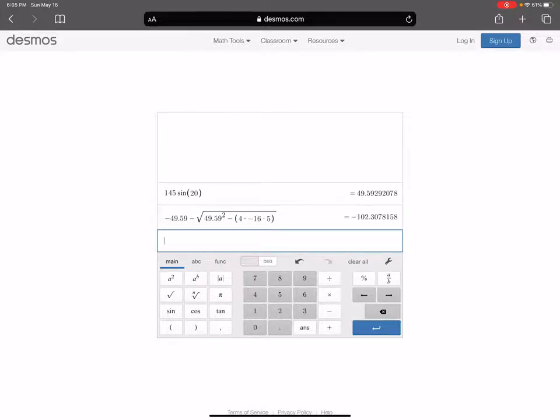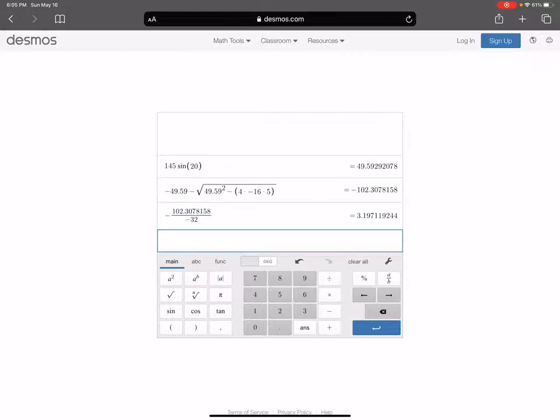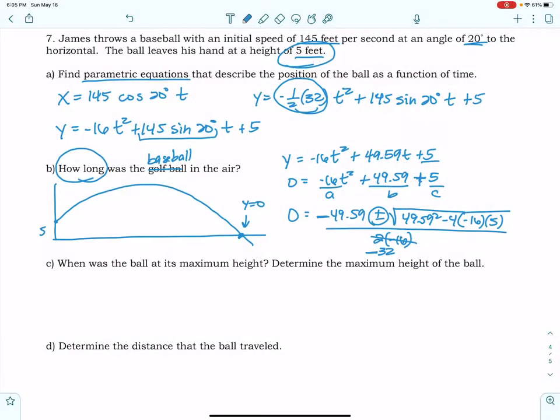And then I'm going to take that value and divide it by negative 32. So I get 3.2 seconds. So that is how long the ball's in the air.